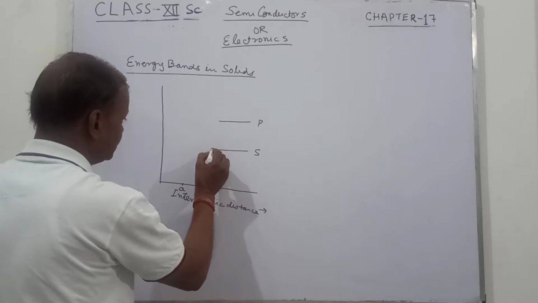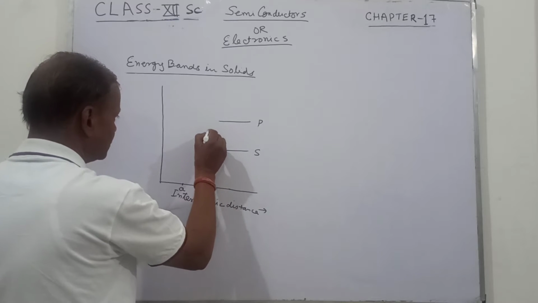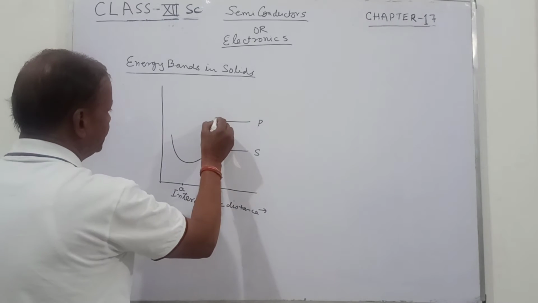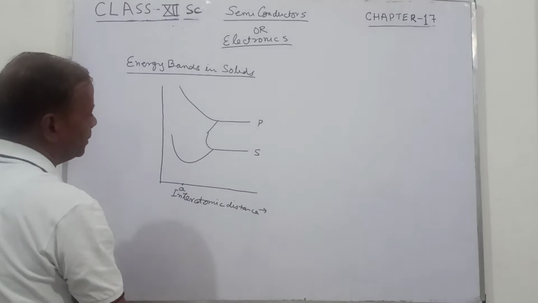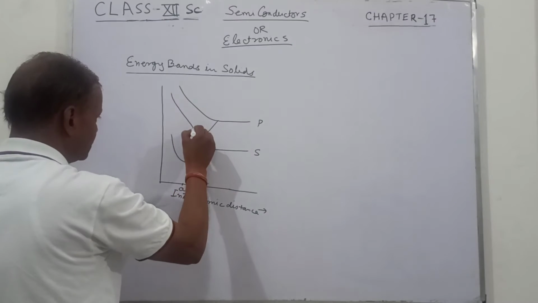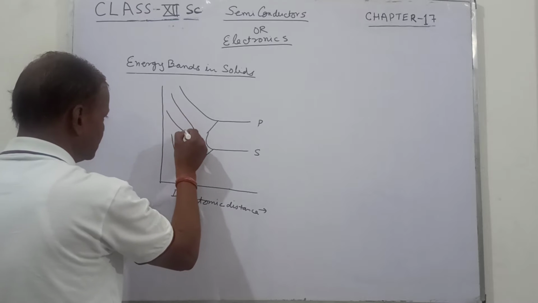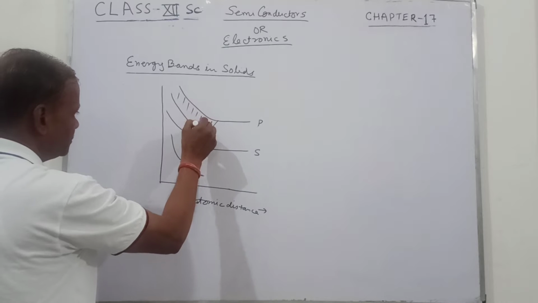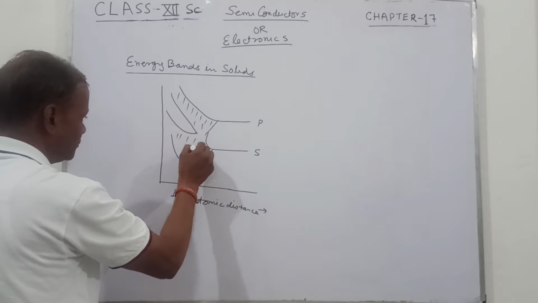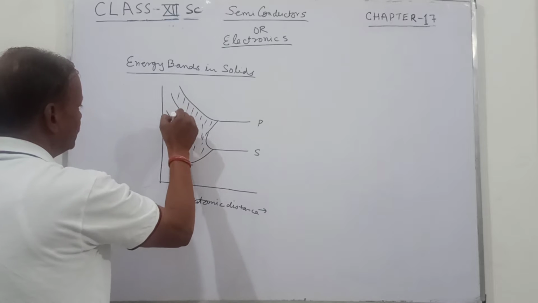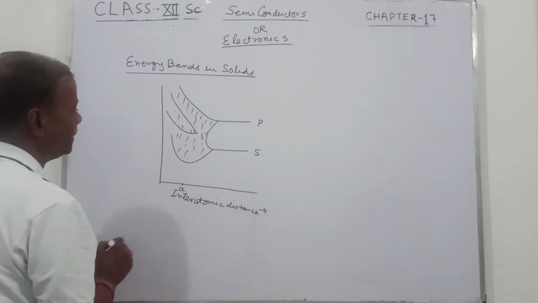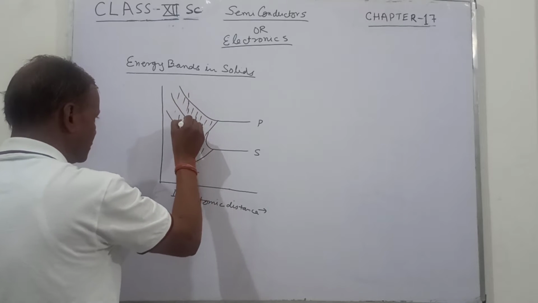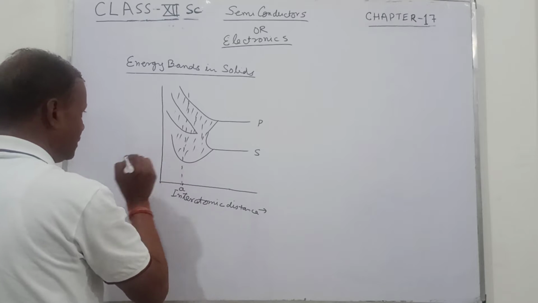So as a result, this is the region. Then we will have this A to be like this.